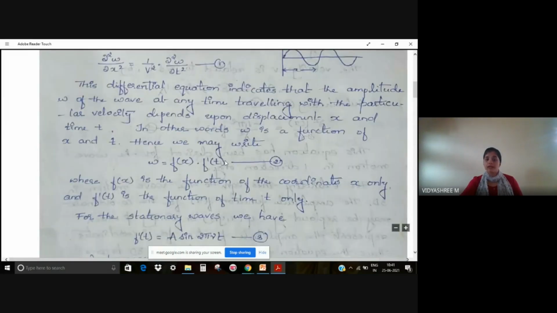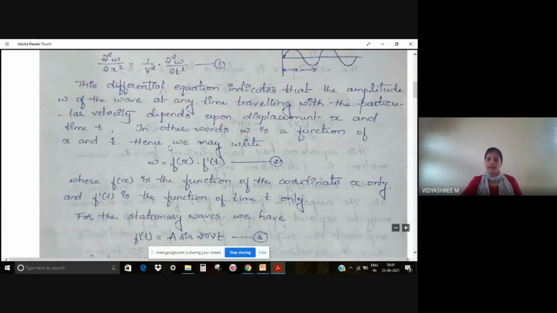Here omega is a function of the displacement x and a function of time. Therefore we can write omega as a function of x and a function of t, so omega is equal to f of x into f dash of t, which is denoted as equation 2.